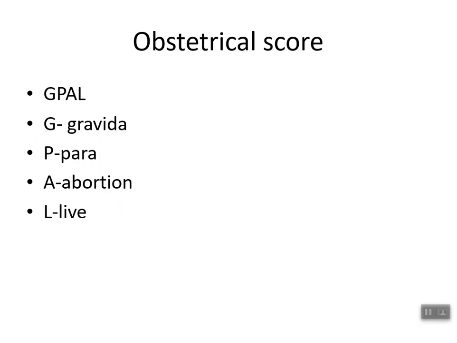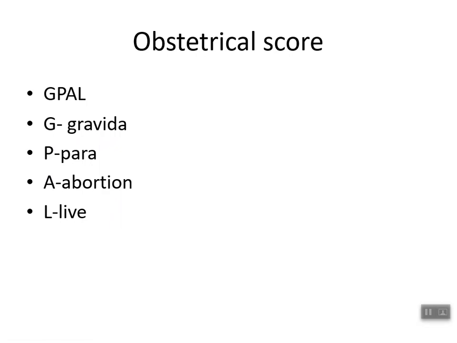Now we will discuss what G, P, A, and L are in detail. Briefly, gravida means a woman who has conceived a pregnancy. Para means a woman who has gone through the stage of labor; the outcome is not considered, but the pregnancy has gone beyond viability.